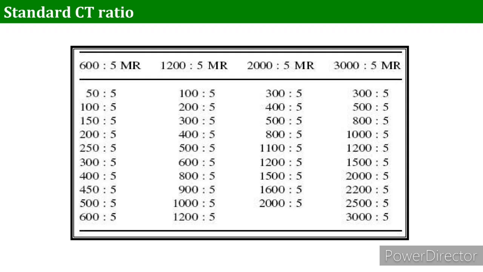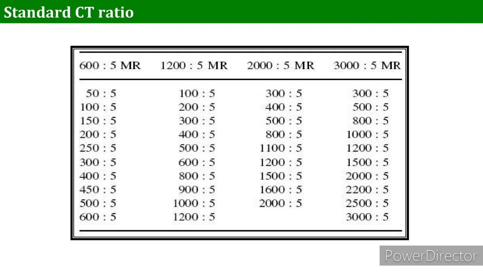As we discussed earlier, CTs can vary on the basis of their ratios. It basically deals with the ratio of 5 and the ratio of 1. For example, there is a chart shown in the slide.